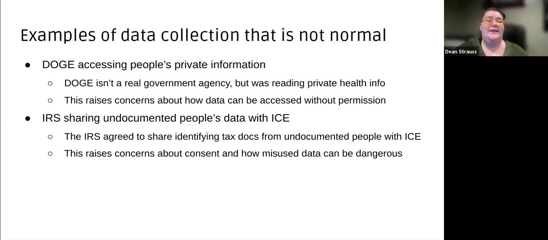Another example is recently the IRS shared undocumented people's data with ICE. So the IRS agreed to share identifying tax documents from undocumented people with ICE. That raises a concern about consent and how misused data can be dangerous. People didn't consent for their data to be used in that way. Next slide.